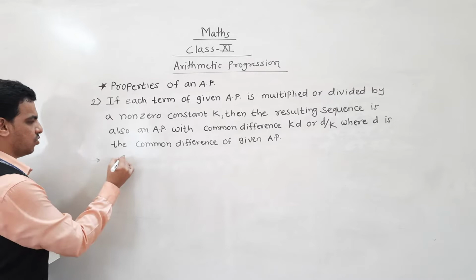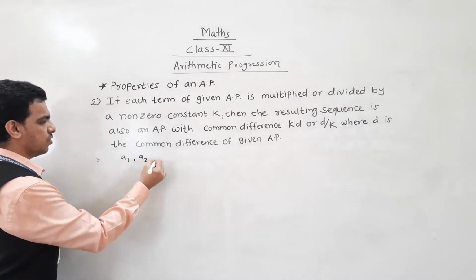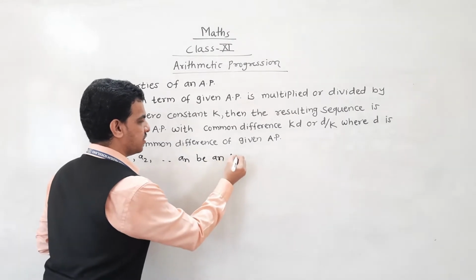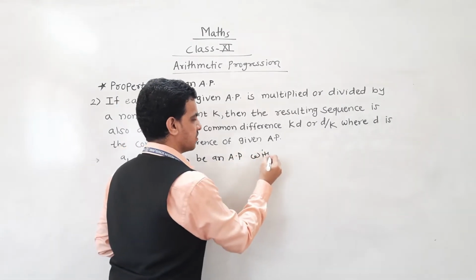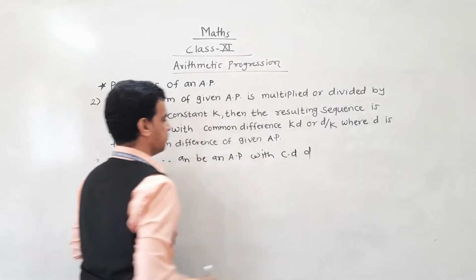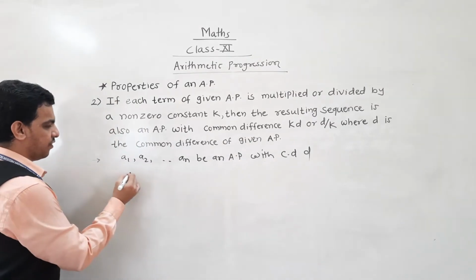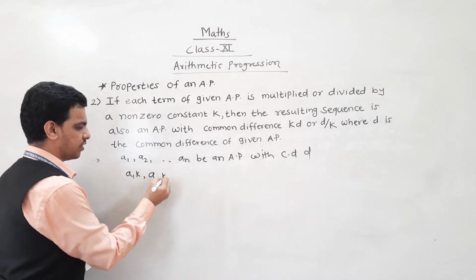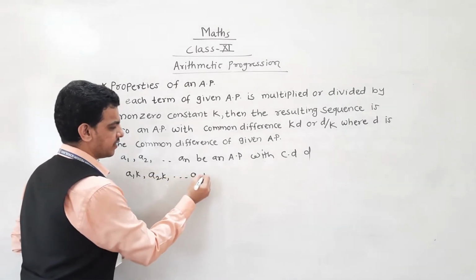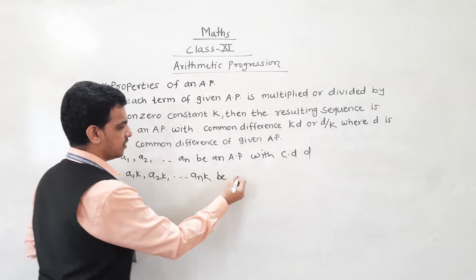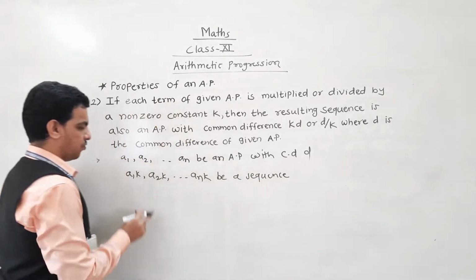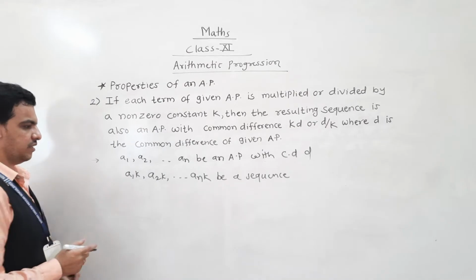Again, the same A1, A2 up to AN is an AP with common difference D. If we multiply by k, then A1k, A2k up to AN into k is the sequence. Now we have to show that this is also an AP.